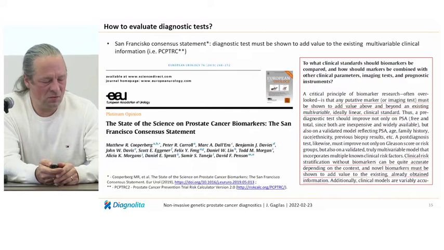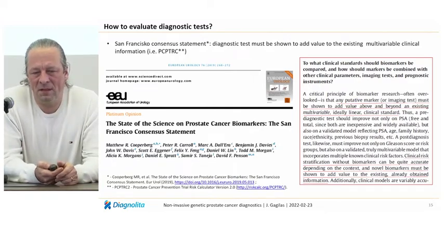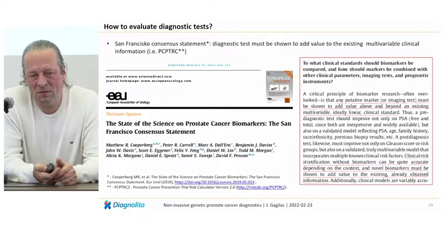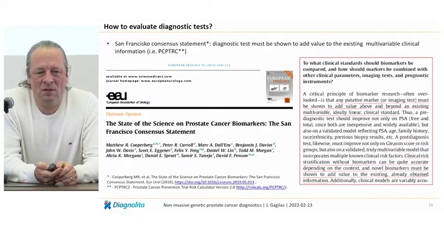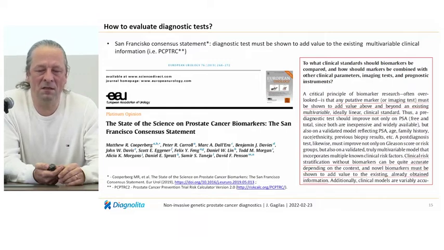And how to know if a test or biomarker is good or not? In 2019, there was a publication of the so-called San Francisco consensus statement, which says that any biomarker or test must be shown to add value on the existing multi-variable clinical standard.